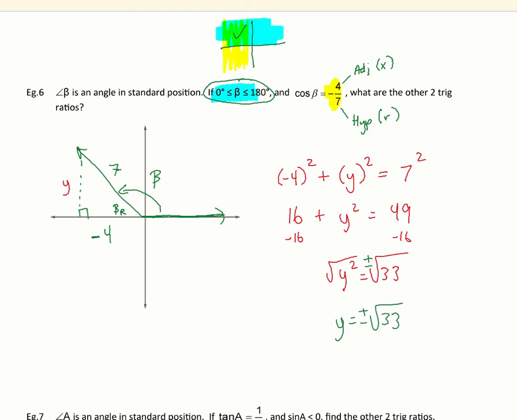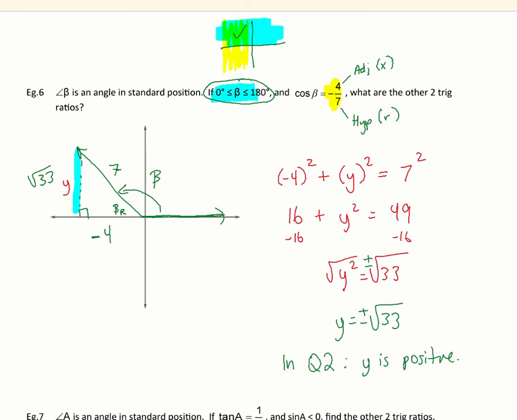Now, given the fact that it's going up and it's in a spot where y is positive, we know, well, it can be either one, but we know that in quadrant 2, y is positive. So I'm going to go ahead and just say that that's positive root 33. It also makes sense.